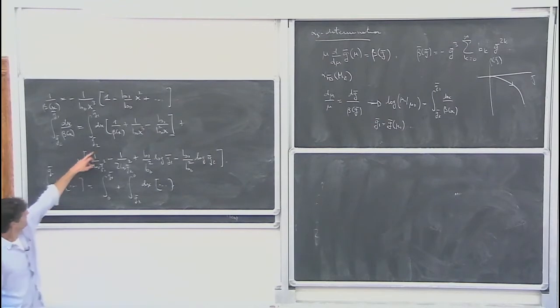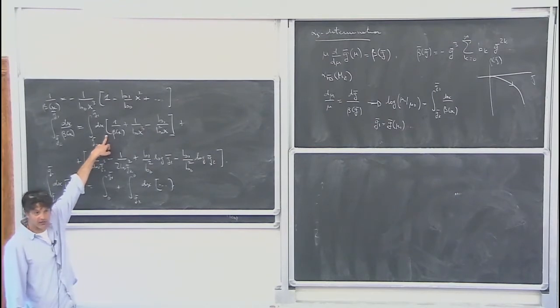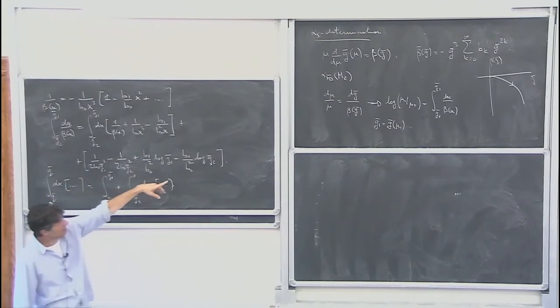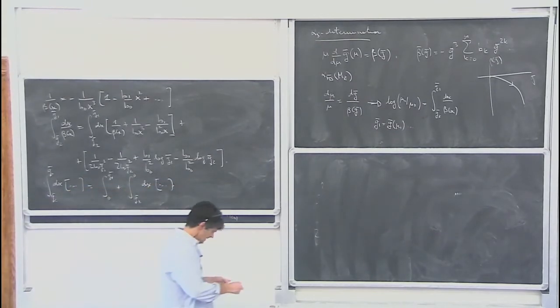Because now I can extend the integration range down to 0 without any divergence in the integral. Okay, so now I can take this expression, plug it in there, take the exponential.